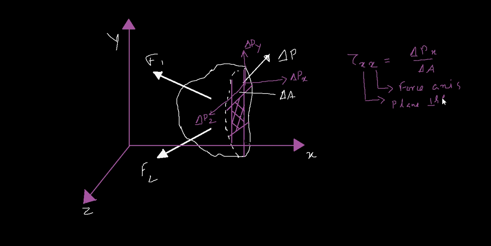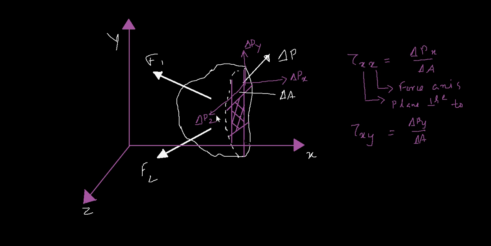Plane perpendicular to x-axis, and this is the force axis. So you can see there are two other components as well. So you have two more stresses, that is tau xy, where the plane is perpendicular to x-axis and the direction of force is y, which is this force here, equal to delta Py over delta A. In all the cases, the area considered is the same.